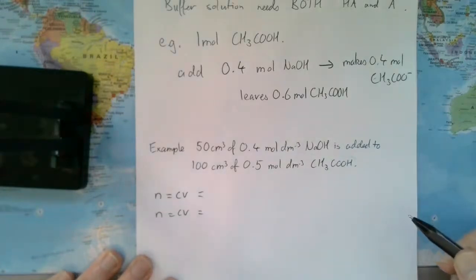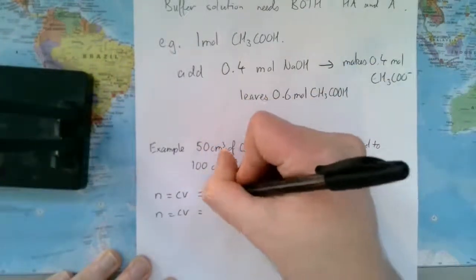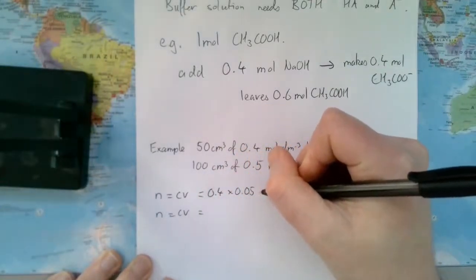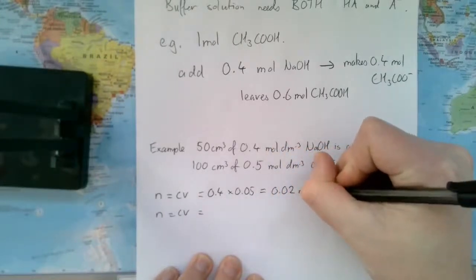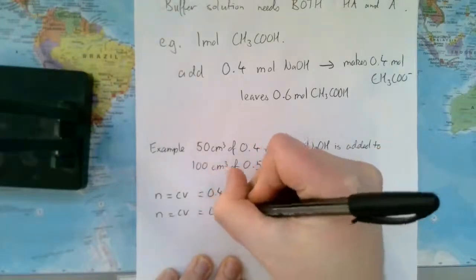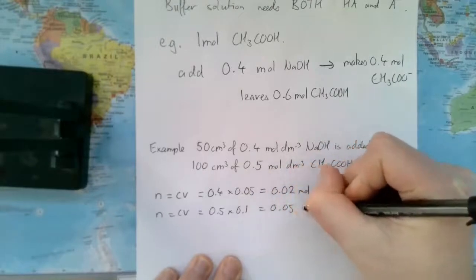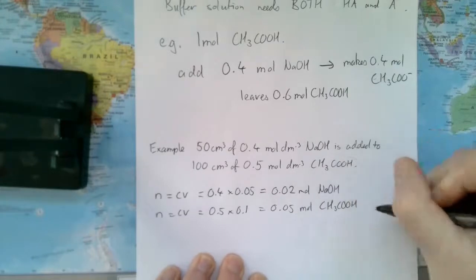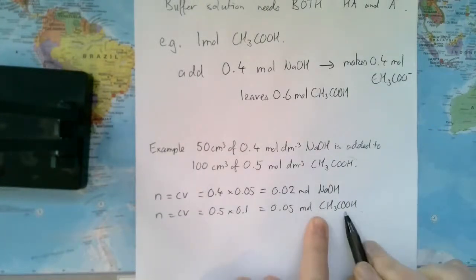Okay, let's work our way through this. So, let's go for the sodium hydroxide. 0.4 times by 0.05 is what we have to start. So that is 0.02 moles of sodium hydroxide. 0.5 times 0.1. I tried to keep the maths fairly easy this morning. That is how much ethanoic acid we have. This is in excess.